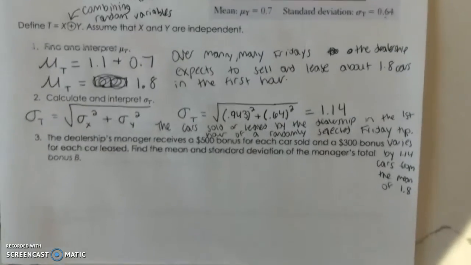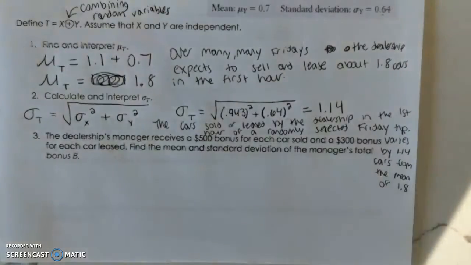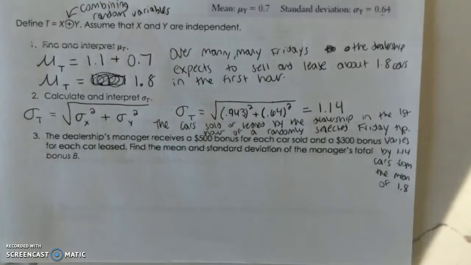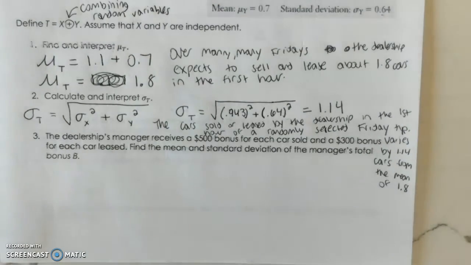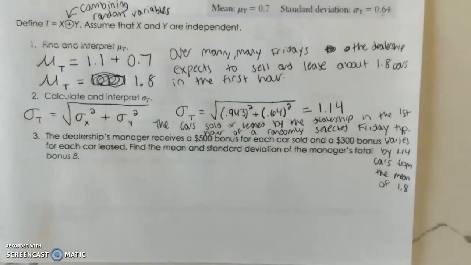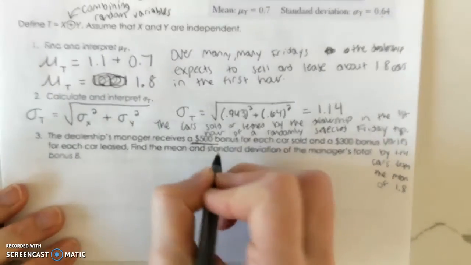All right, number 3 combines all of our knowledge. The dealership's manager receives a $500 bonus for each car sold and a $300 bonus for each car leased. Find the mean and the standard deviation of the manager's total bonus B. Before we combine the random variables, I need to transform them, by multiplying by $500.